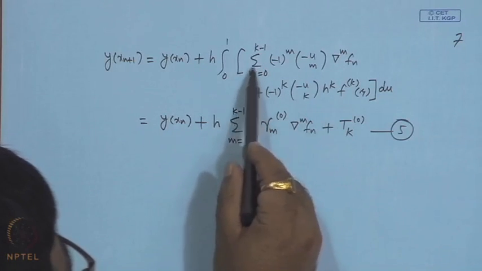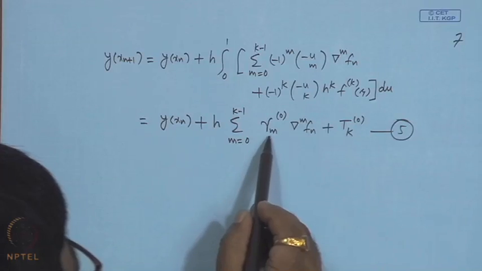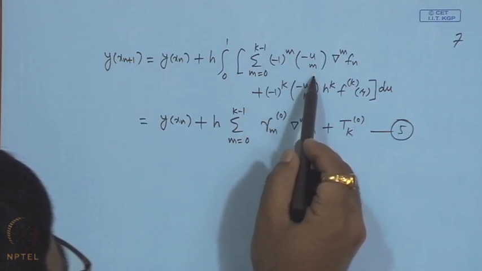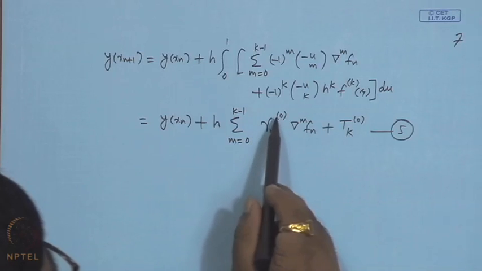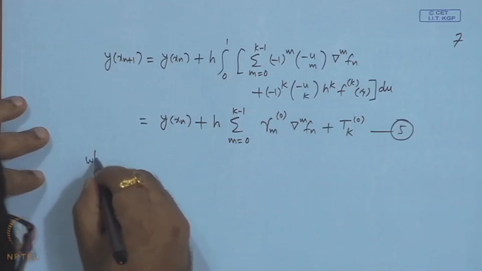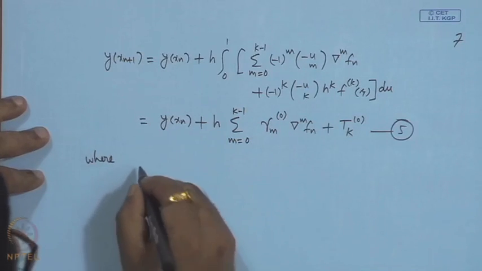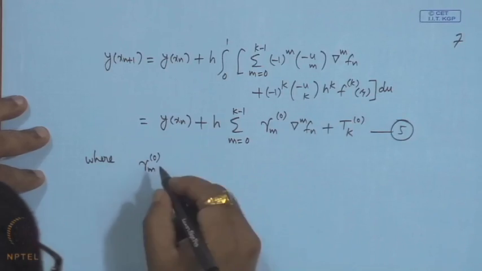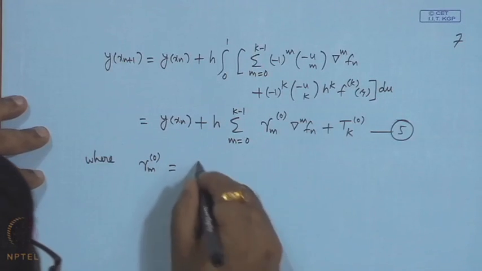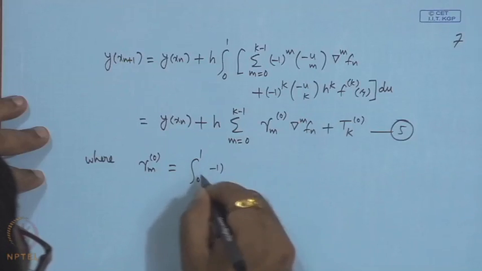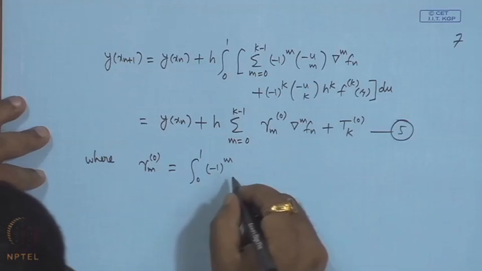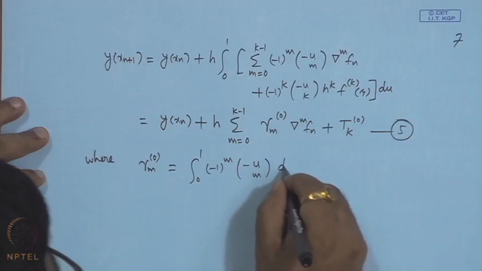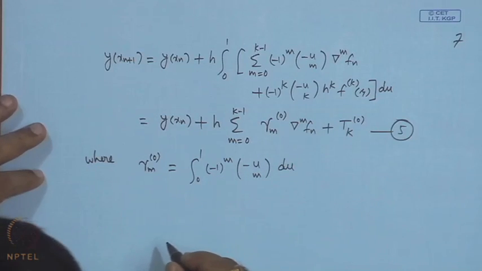So, that means, when the summation has come out, what is left? Integral 0 to 1 of minus 1 power m and minus u c m. So, that must be this. So, therefore, let us define, where these are some kind of quotes, equals this. Okay.